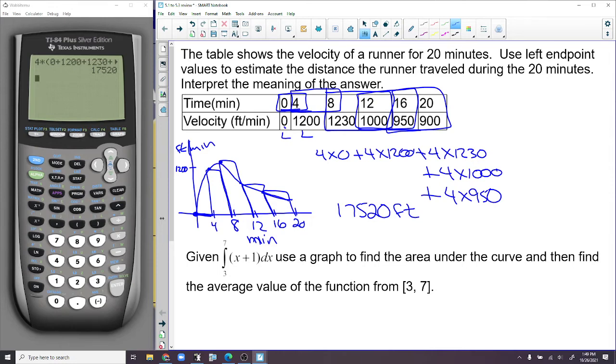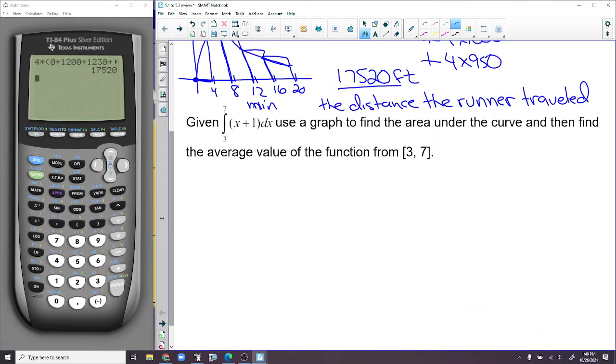So in the context of the problem, this answer is the distance the runner traveled. Now, we could talk about it in more mathematical terms, but that's not how we speak with story problems. That's not how we talk. And so when you're putting it in the context of the story problem, we use more just how we talk every day. So it's the distance the runner traveled.